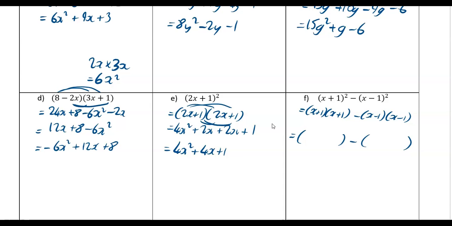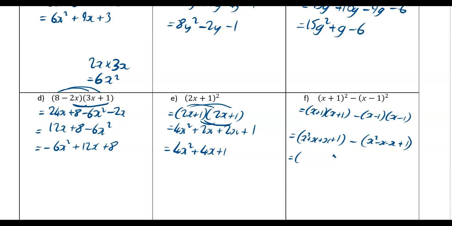So that pair of double brackets here is going to become one big bracket. And these double brackets are going to become one big bracket down here. So my first bracket, I have x times x is x squared, x times 1 is x, 1 times x is x, and I've got my 1. My second bracket, I have x squared minus x, minus x, and then minus 1 times minus 1 is plus 1.